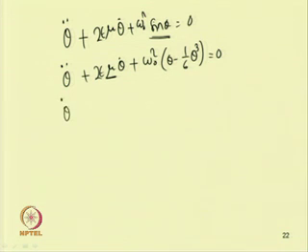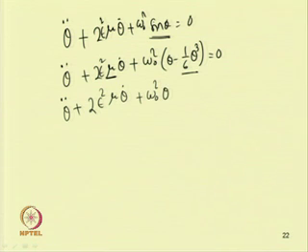To take care of both the nonlinearities, here we have a nonlinear term and another nonlinear term, the damping, so we can write 2 epsilon square mu, taking it to be of order epsilon square. So theta double dot plus 2 epsilon square mu theta dot plus omega 0 square theta minus epsilon omega 0 square theta cube equal to 0.